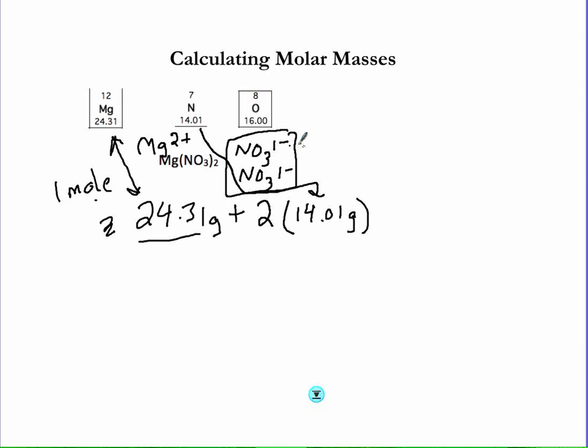And then last but not least, we're going to deal with the 16, which is the molar mass of oxygen. But in this compound, we actually have 6 oxygens, so it's going to be 6 times 16.00.